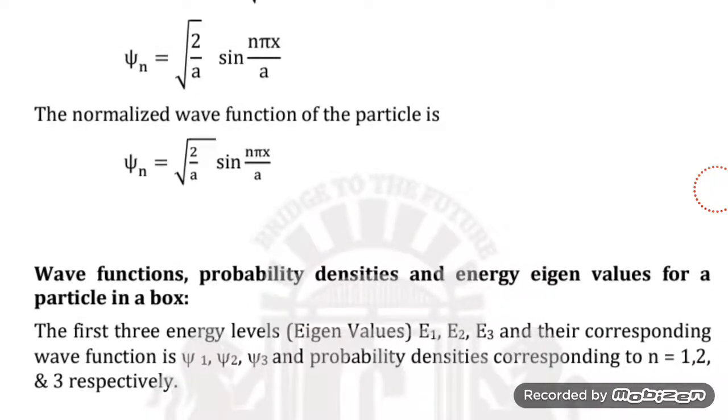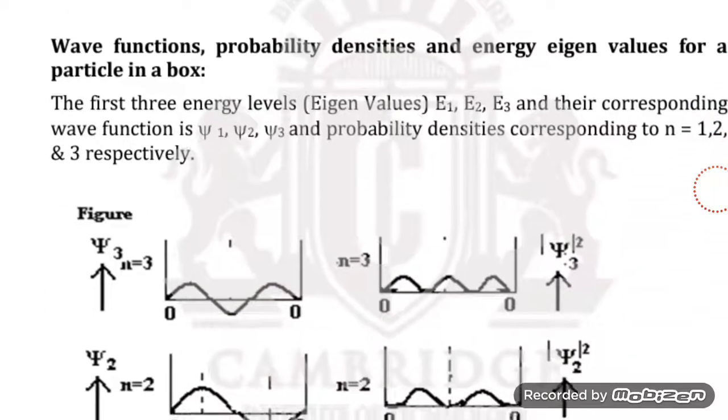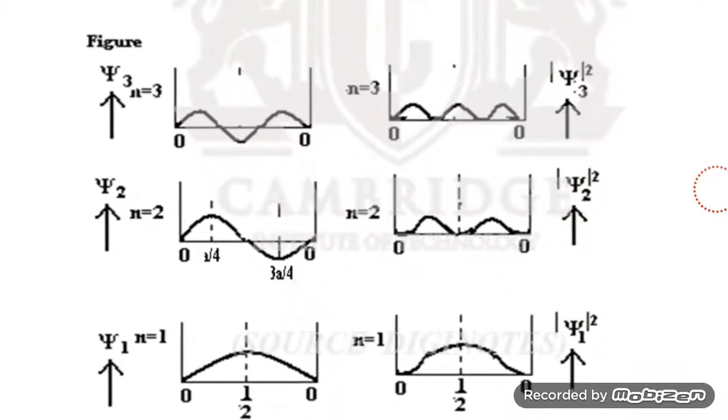If you put n equal to 2, then we have psi 2, shown in the figure. If you put n equal to 3, then the graph will be as shown in the figure, and the magnitude is always positive. That means the graph will be as shown in the figure.